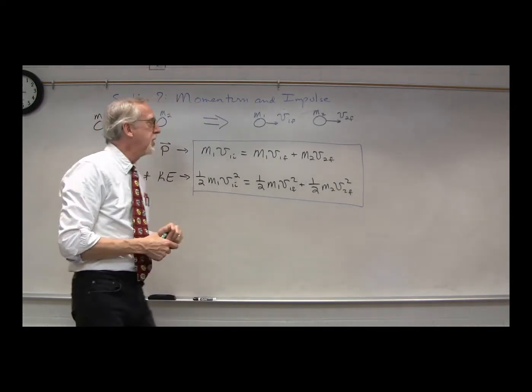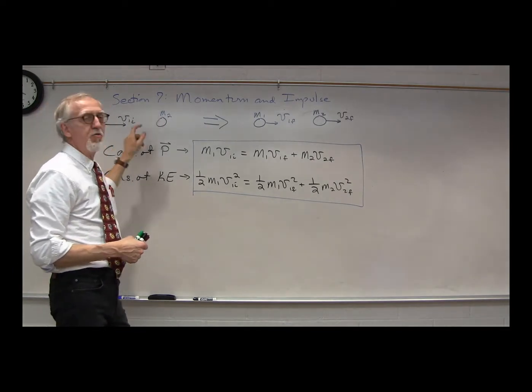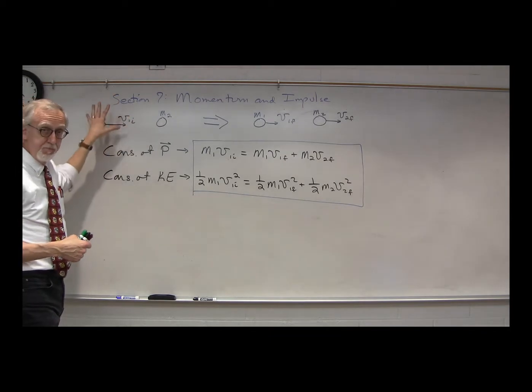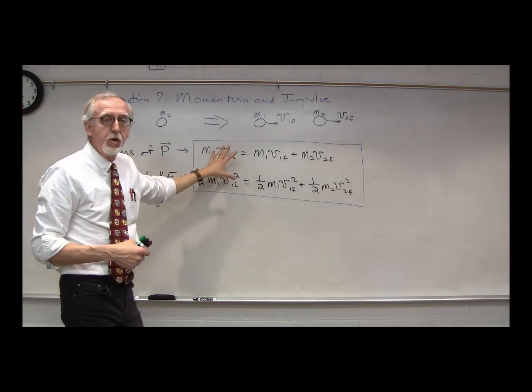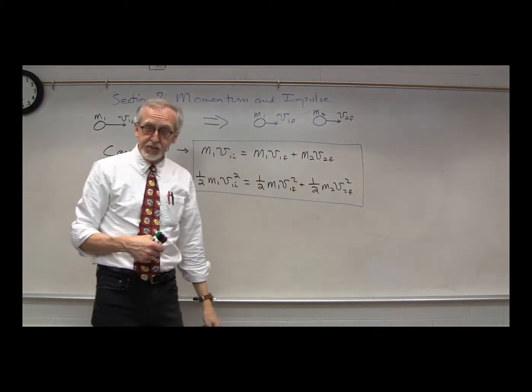Let's assume that we know m1 and m2, and we know v1 initial. So we know what's going on to begin with. We can then use these equations to figure out what our final velocities are.